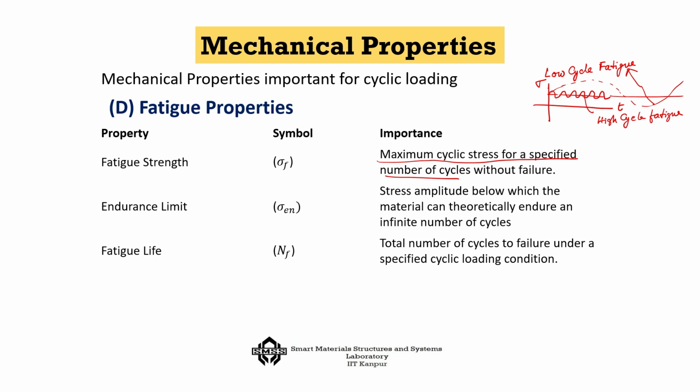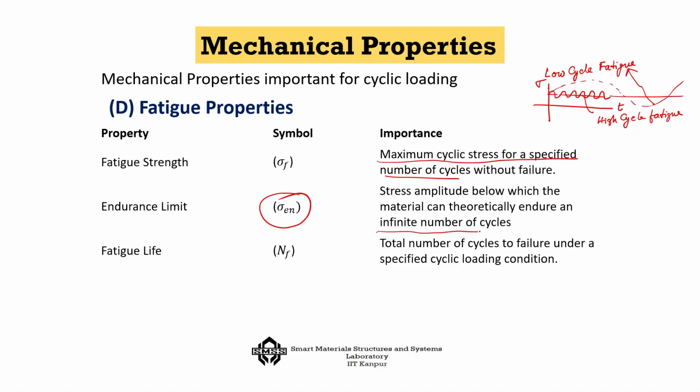Then there is another thing, called endurance strength. This is slightly different from the fatigue strength, in the sense that for any material, if the stress it is subjected to is within a certain limit, then theoretically it can go up to infinite cycles, particularly for ferrous materials and ferrous alloys.